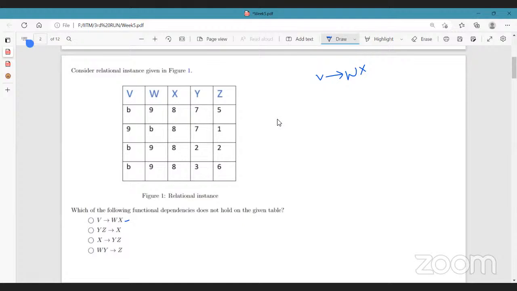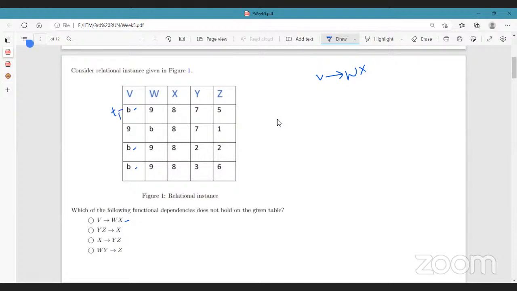If you remember from the definition, we'll check whether there are any tuples which have the same values or not. The first tuple has the same value as the second and third. Since in the definition it was only two tuples, it does not really matter how many tuples match, just that the corresponding tuple of the right-hand side should also match. That is the main criteria.